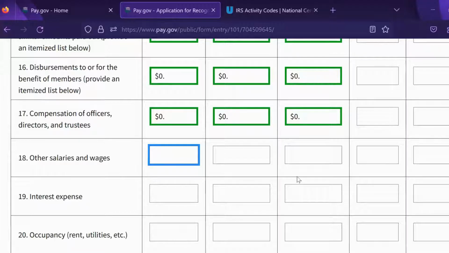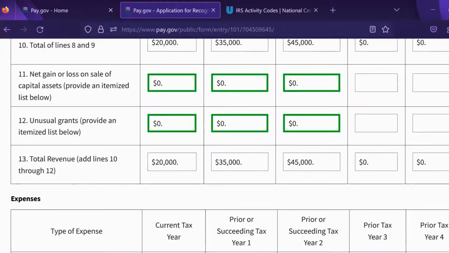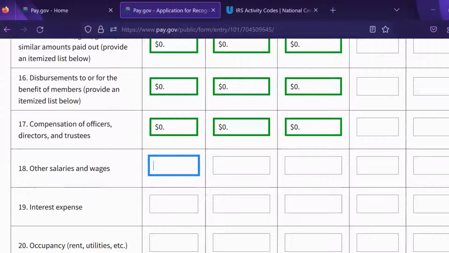Other salaries and wages. Jane already has a number of volunteers that are helping her, and they play a big role in helping to run her organization. So she relies heavily on her volunteers. So right now, no one in the organization is getting paid. So she is going to, let's say, estimate that 15 goes towards salaries.